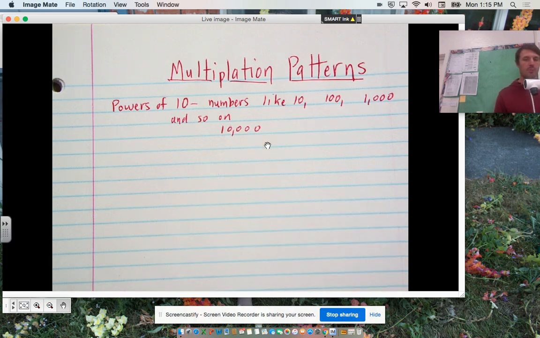And why are these called powers of 10? Because you can literally write them as powers of 10. We already had our lesson on powers where we went over what an exponent is, how an exponent is when you have a base raised to a certain power.